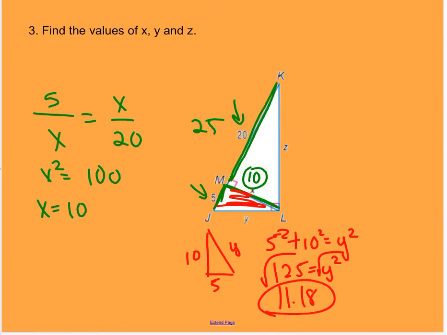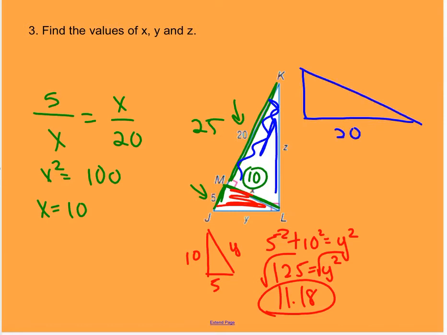So then for Z, for this top one, I want to do the same thing. So this is going to be 20, 10, and this is Z. So it's going to be 10 squared plus 20 squared equals Z squared. So that's 100. That's 400.